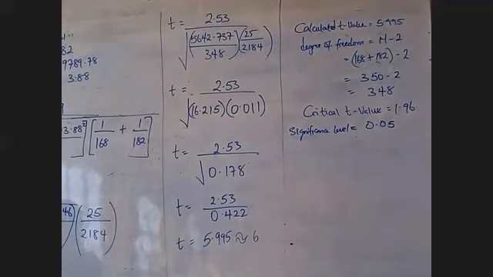The statement, the final decision that is going to be there. The calculated t-value was 5.995. Yes, it's not infinite. That's why it is 1.96.